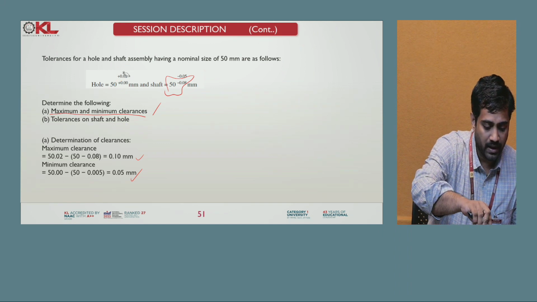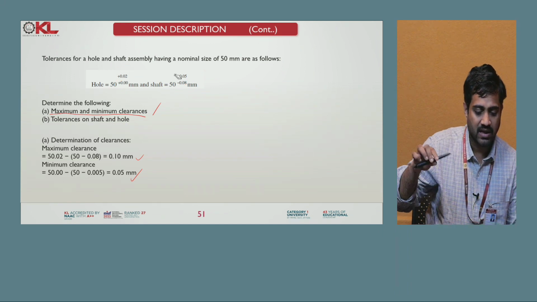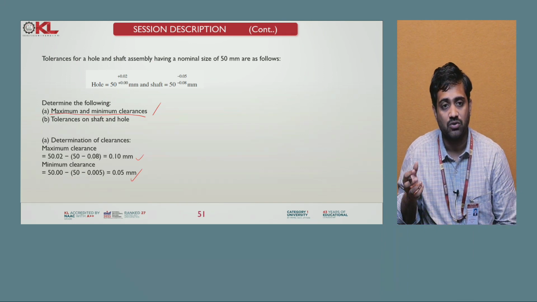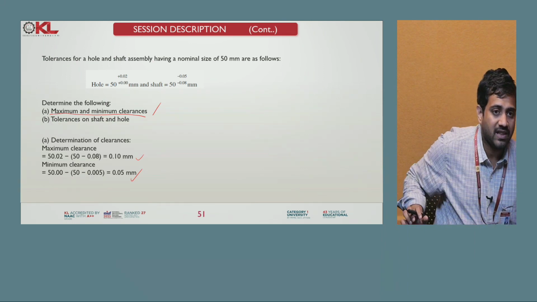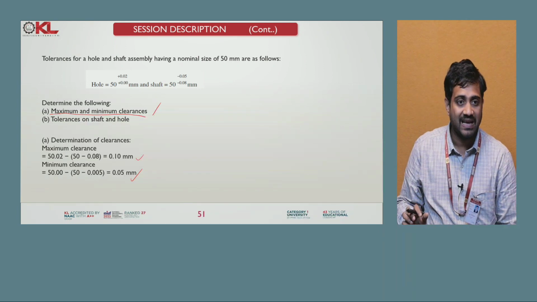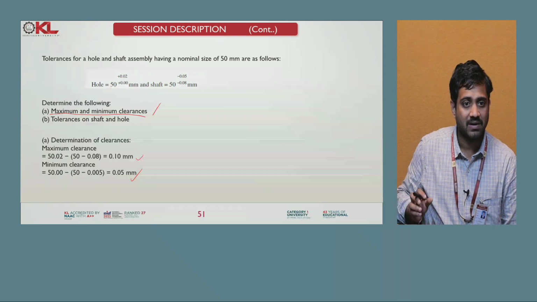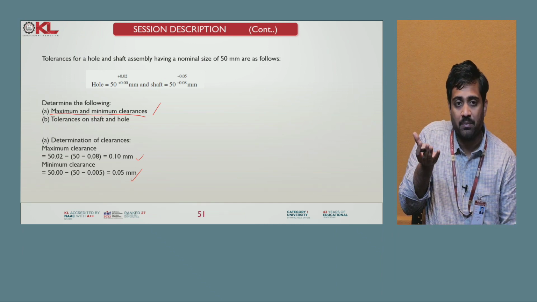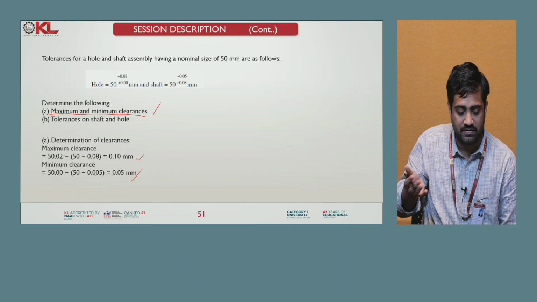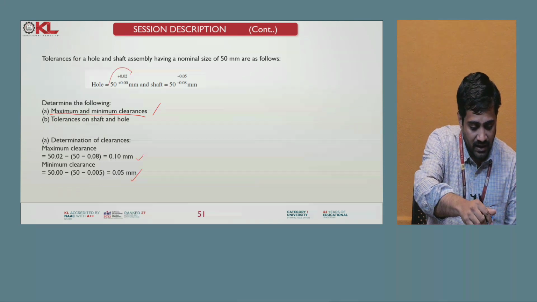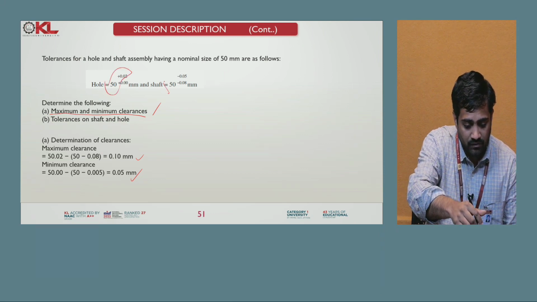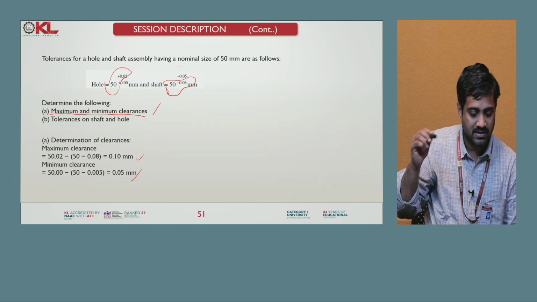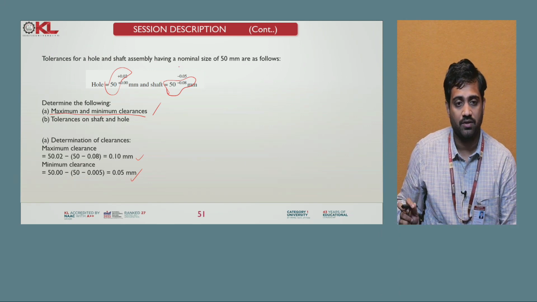Based on the given dimensions of the hole and shaft permissible limits, we can identify the maximum and minimum clearances. The maximum clearance is the difference between the maximum value of the hole and the minimum value of the shaft, that is the difference of 50.02 and 50 minus 0.02, and the minimum clearance uses 50 minus 0.005.